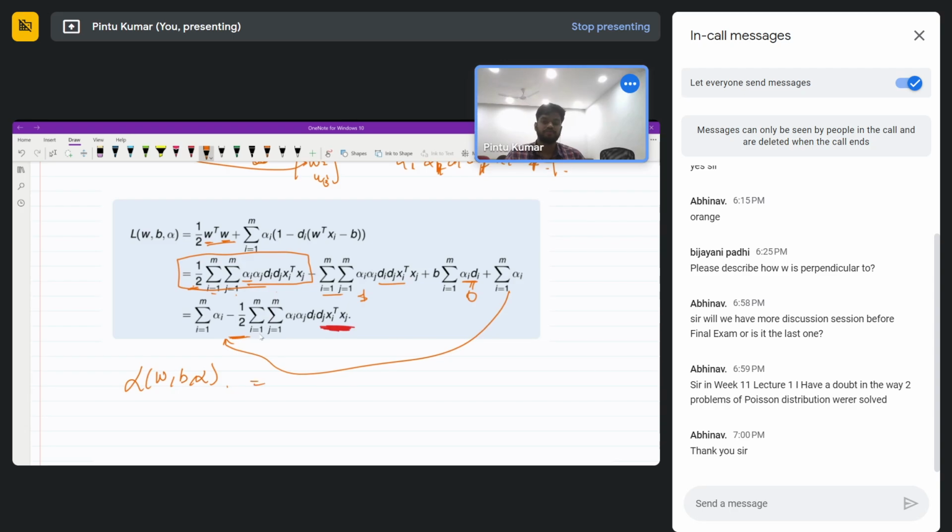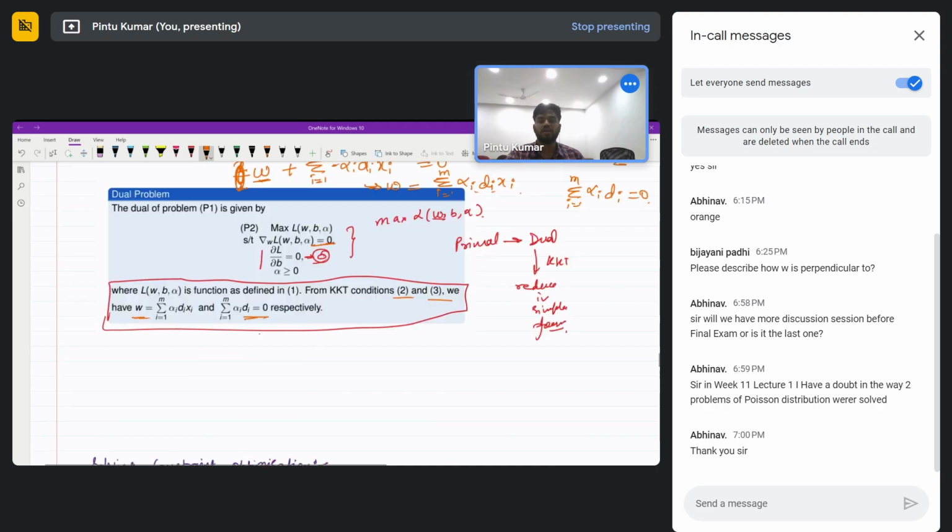So this is summation I equal to 1 to m alpha I minus 1 by 2 summation I equal to 1 to m summation j equal to 1 to m alpha I alpha j dj di xi transpose xj.